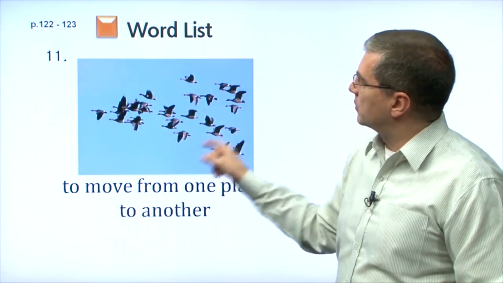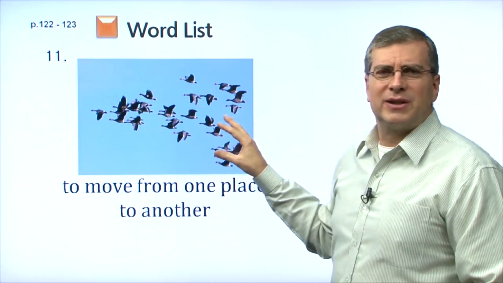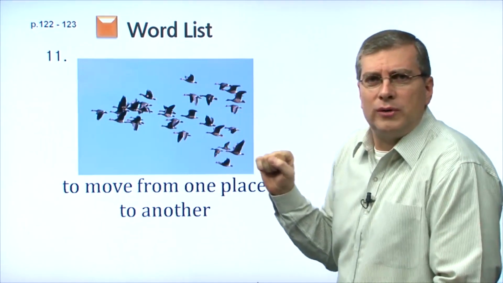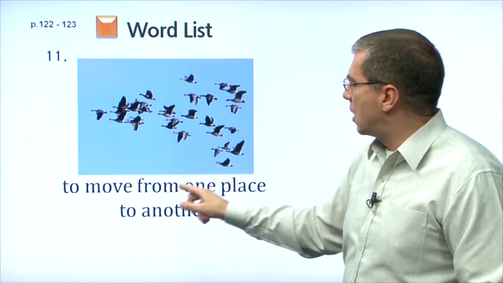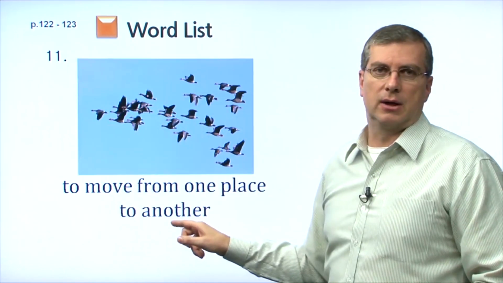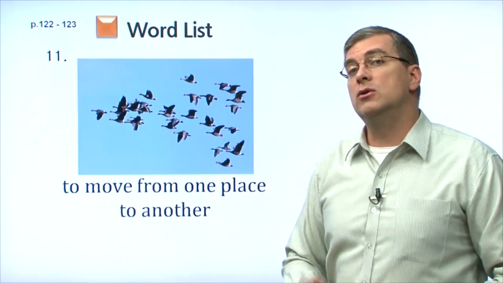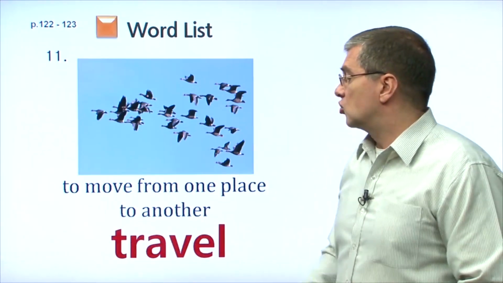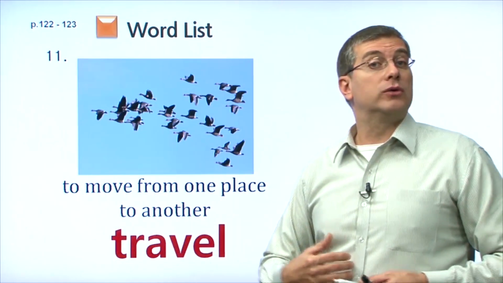Wow, look at these birds. Where are they going? It must be getting cold, and they're going south. What are they doing? They are moving from one place to another. So if you move from one place to another, what are you doing? It's a verb. Travel. So I want to go to America.